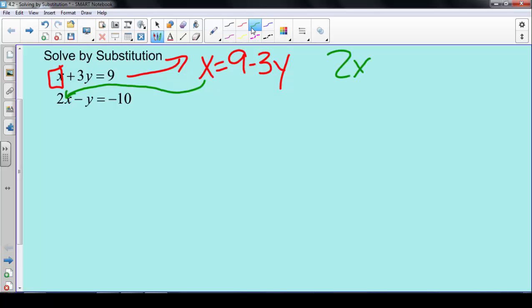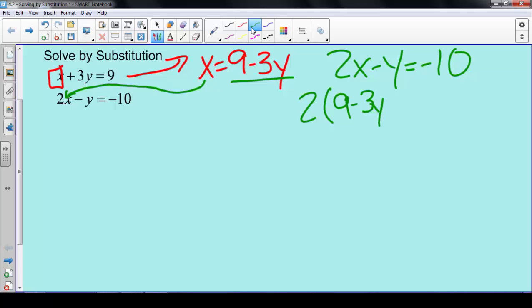So I'm just going to start by rewriting. And now instead of x, I'm going to write this because x is the same thing as that. So x is 9 minus 3y. And now if you notice, this equation is down to one variable. So we can solve this just like we did back in chapter 2.